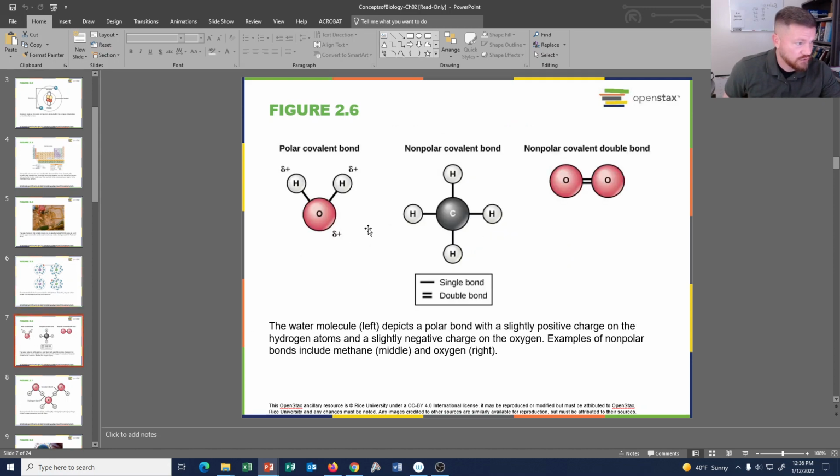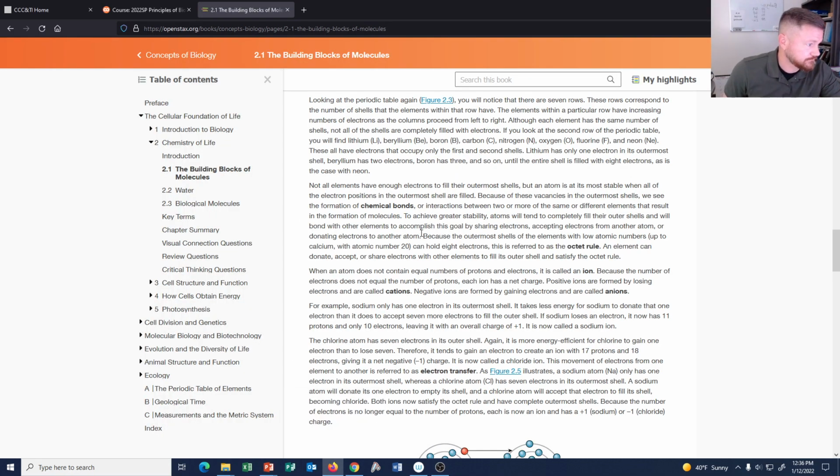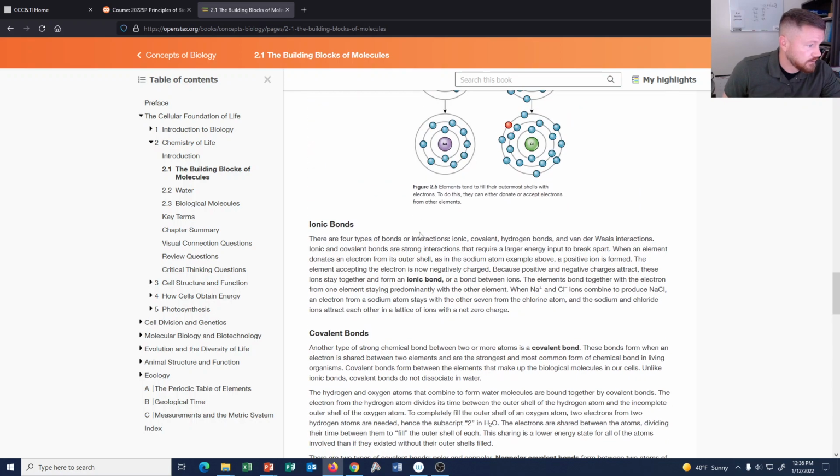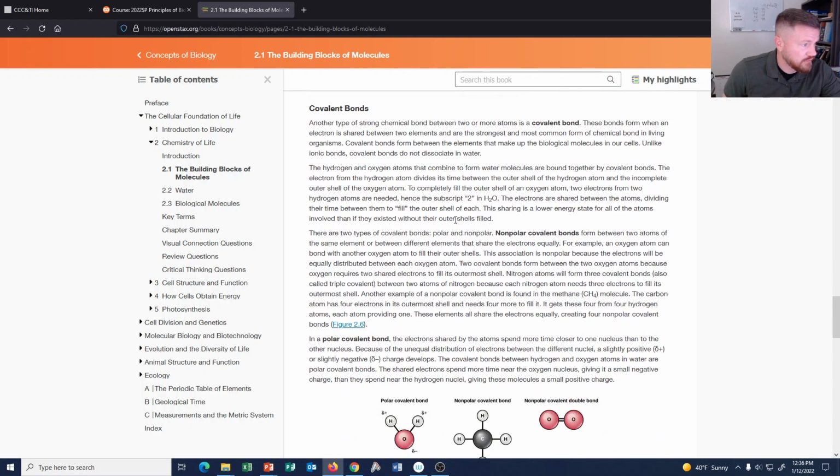Then we can look at covalent bonding. What happens with covalent bonding is you end up sharing electrons. Let me go back to your book here. In covalent bonds, instead of giving an electron, you share it.